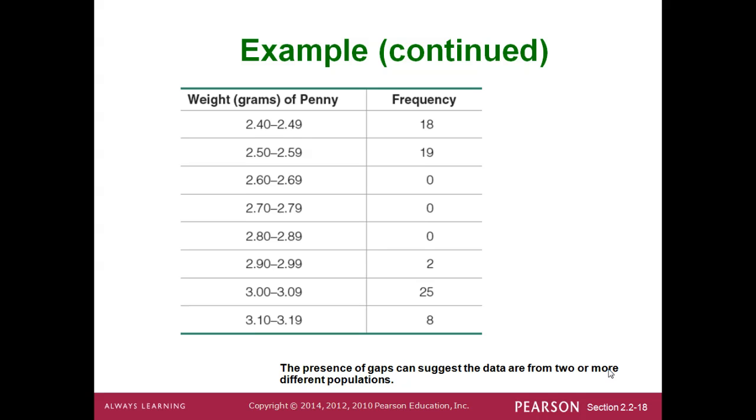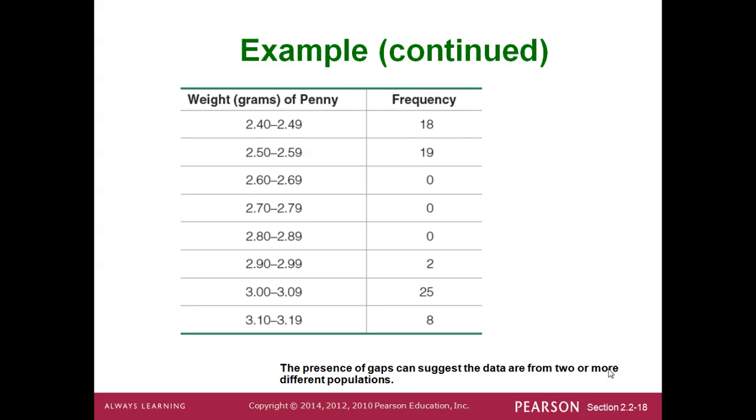That's what tells you, okay, these are different pennies. Based on that weight, you would be able to separate the two different types of pennies. Two different populations, that's what they're after. The presence of gaps suggests that there are two different things going on.